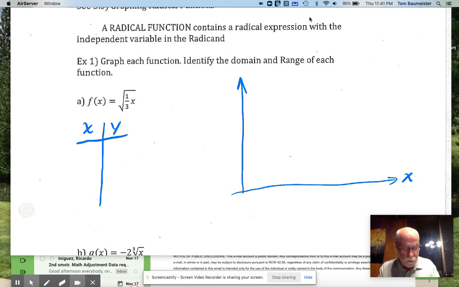So here's your x, here's your y, and again, I look at this right here and I say, what would make good ones there? And I'll say I can do 0 and 3 and 9.